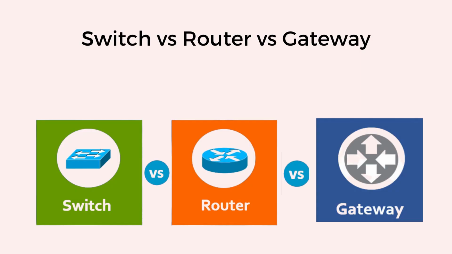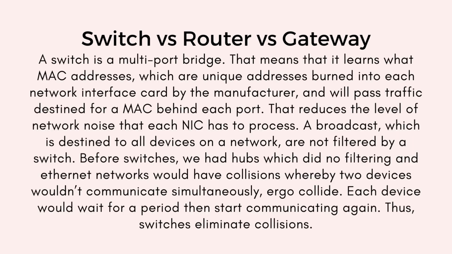Switch versus router versus gateway. A switch is a multiport bridge. That means that it learns what MAC addresses, which are unique addresses burned into each network interface card by the manufacturer, and will pass traffic destined for a MAC behind each port.